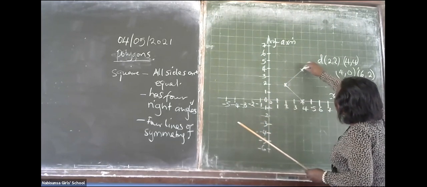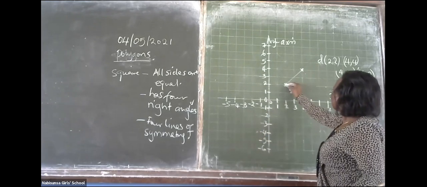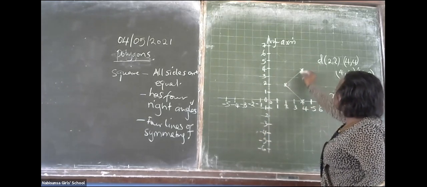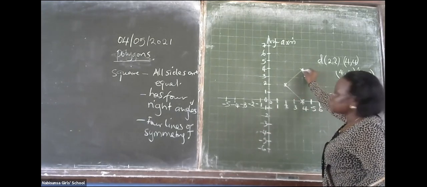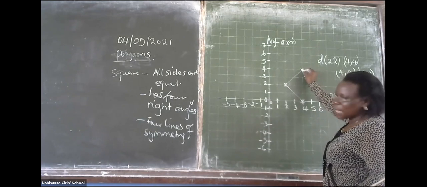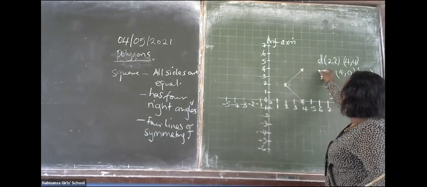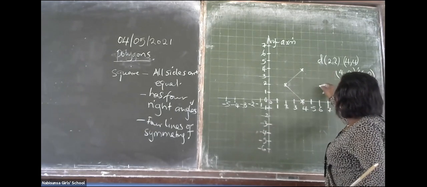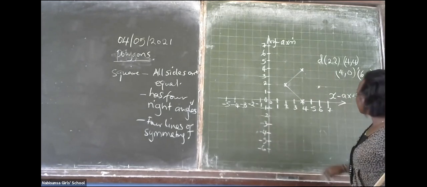When you measure an angle of 90 degrees, allow me to count the steps. From this point to this point, we are moving 1, 2. Even when we are moving to the next step, we shall move 1, 2. Then we locate the point. We check if what we have got is what we are supposed to get.